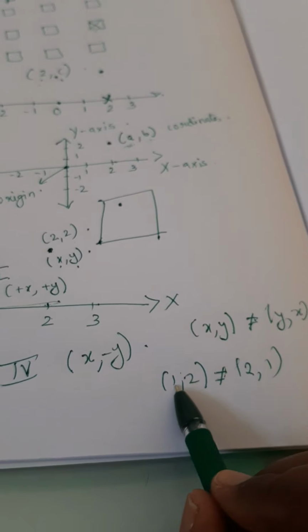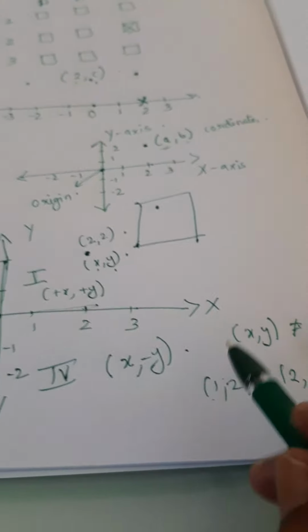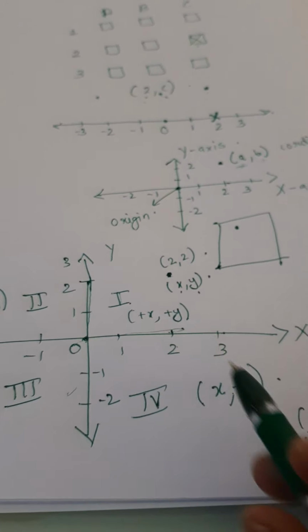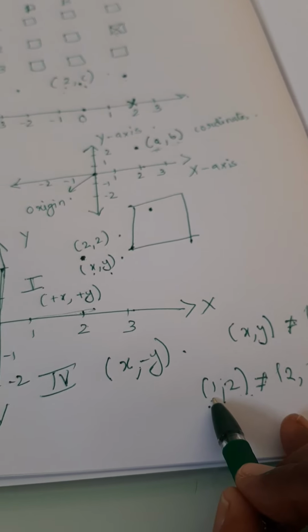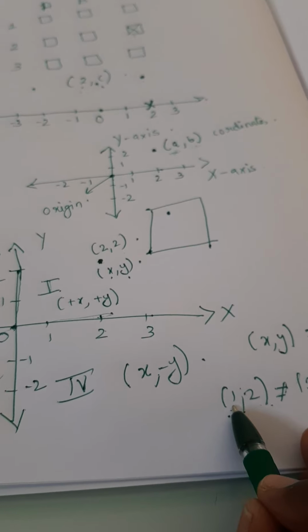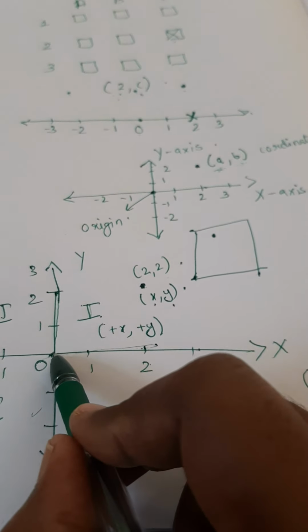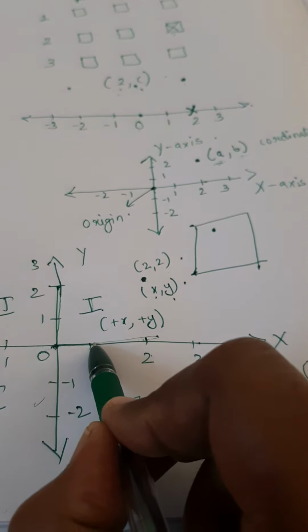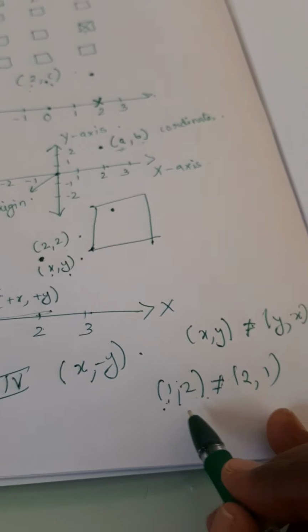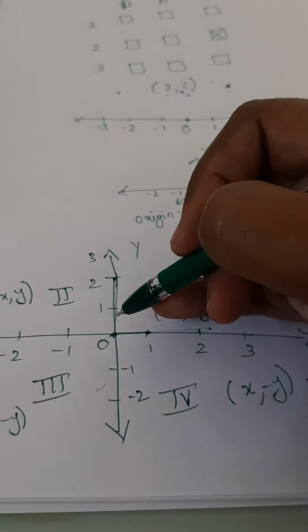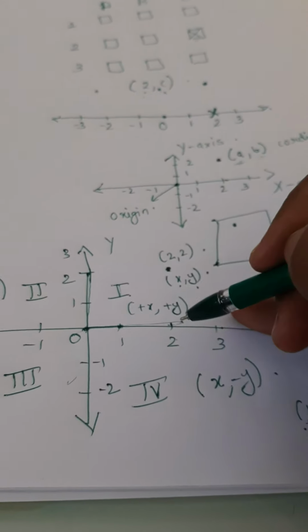For example, how will you plot the point 1 comma 2 in this Cartesian plane? 1 means the x coordinate, that is the distance along the x-axis. So you just move 1 unit. Now 2 means the distance along the y-axis, perpendicular to the x-axis.